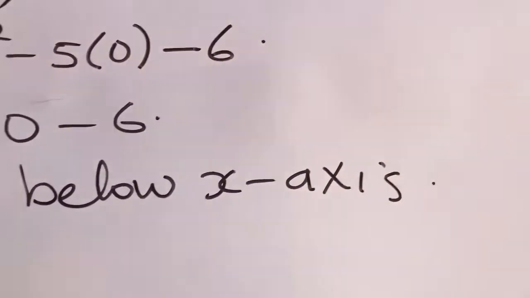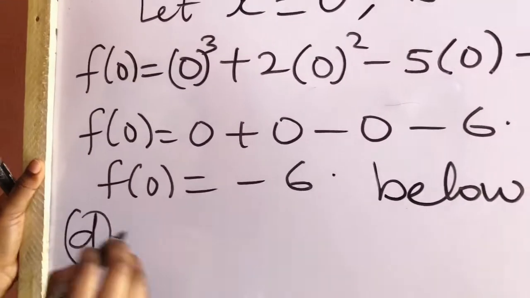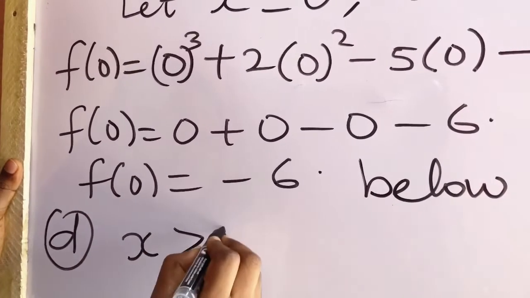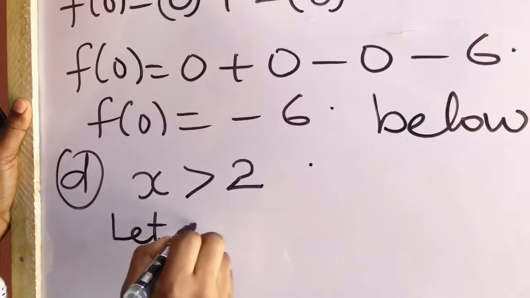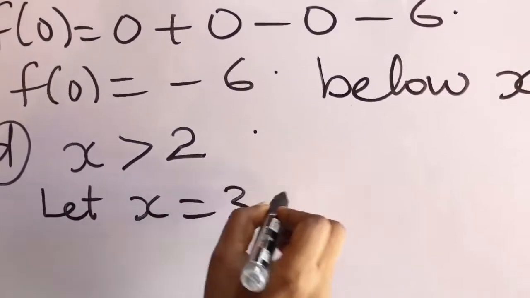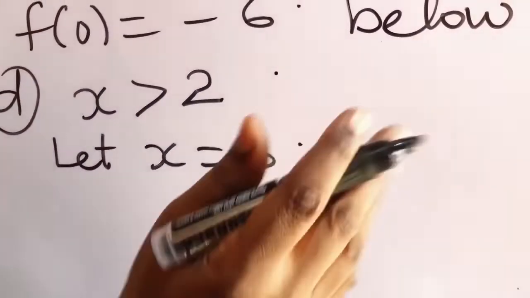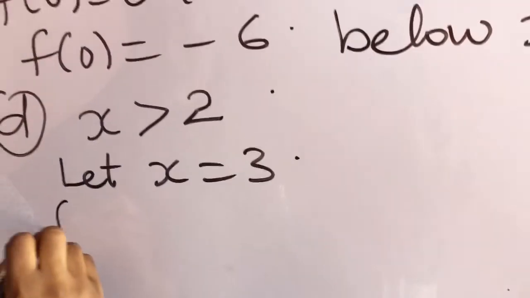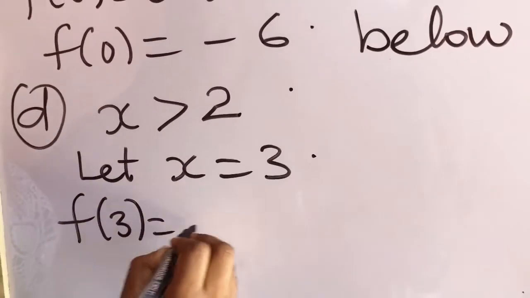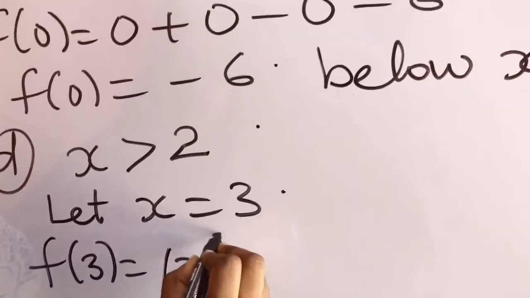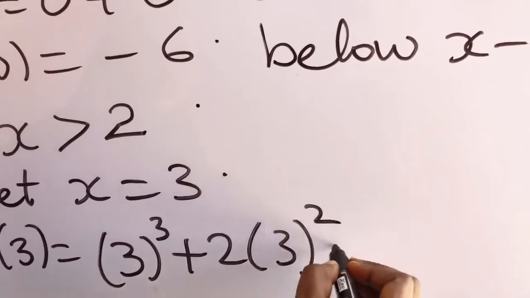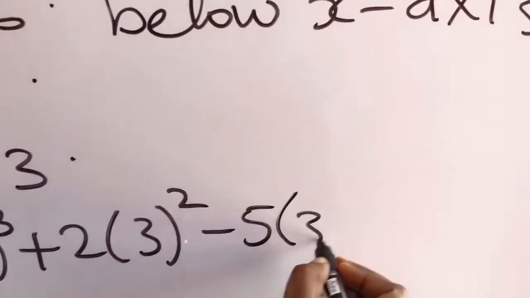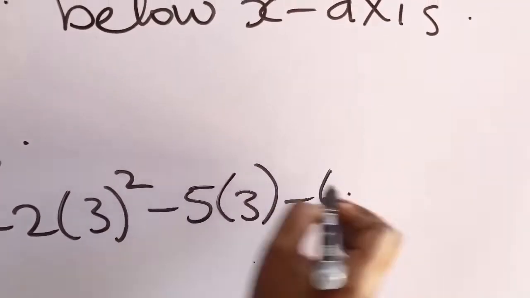Last but not least, that will be x greater than 2. So let's take x to be equal to 3 or 4, any number, you can just take any number. So f of 3 will be equal to 3 cubed plus 2 multiplied by 3 squared minus 5 multiplied by 3 minus 6.